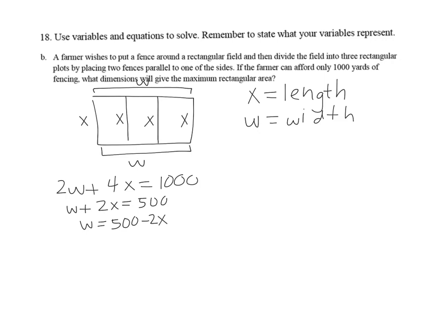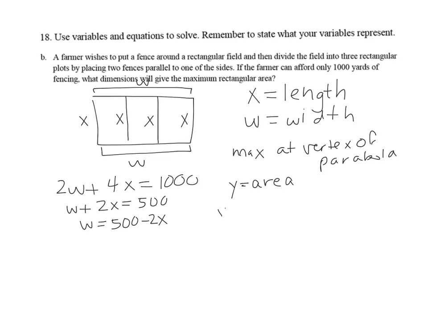So the question is asking us to find the maximum rectangular area. This is a maximum problem, so I'm probably going to be writing an equation of a parabola and then finding the vertex of that parabola. So for my parabola equation, I'm going to use y for area.